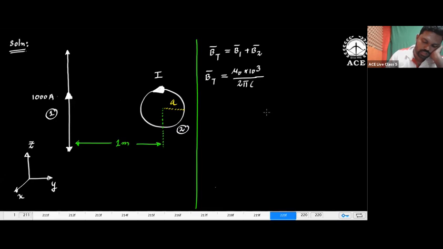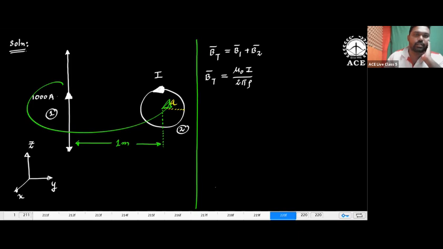Yes or not? Or let me write down the formula first. Mu naught into I by 2 pi rho into what is the current direction here? Inside. Inside means negative x direction.